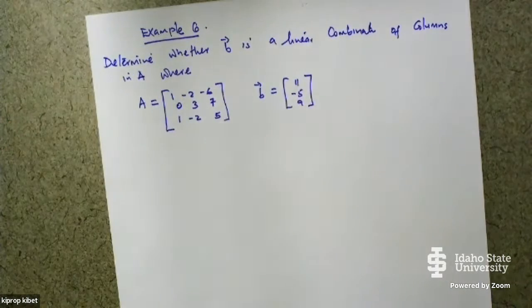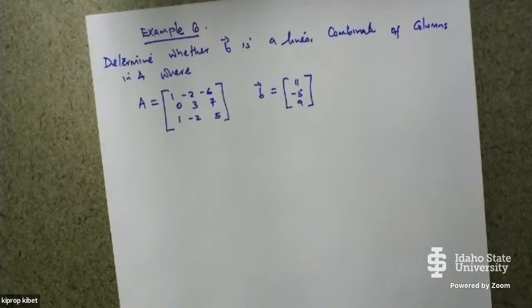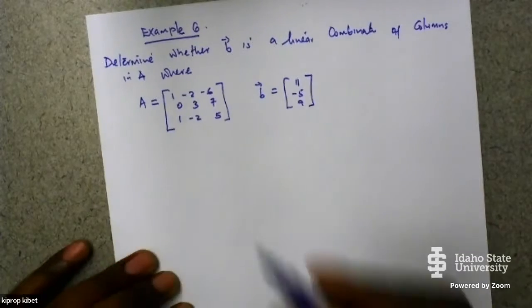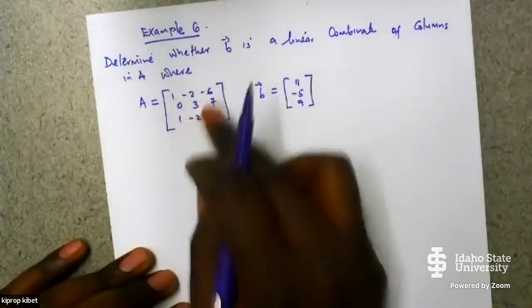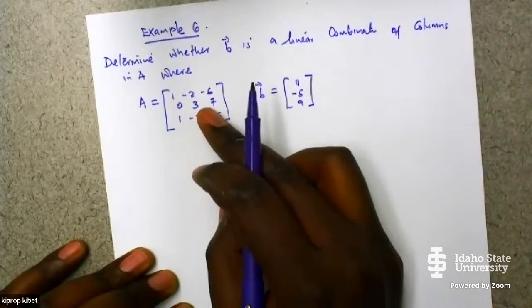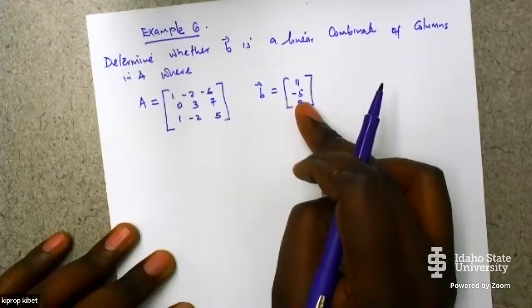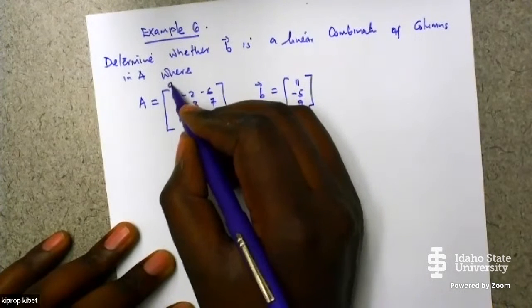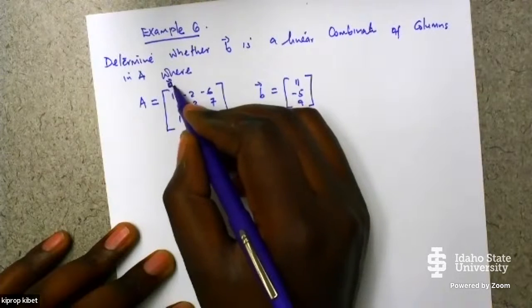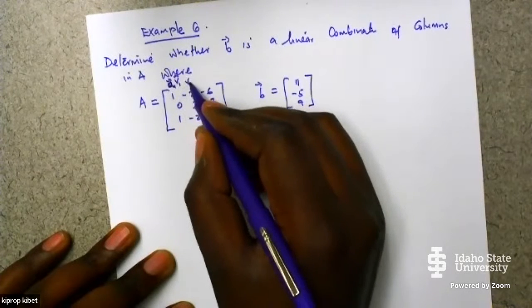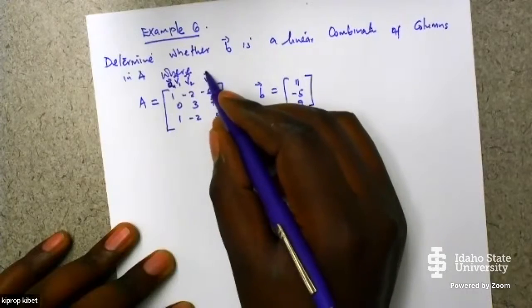Okay, let's continue. Example number 6. Determine whether B is a linear combination of the columns of A, where we have the A there and the B. This is the coefficient matrix A. In this case, these are the vectors A1, or we can use V1, V2, V3 here.